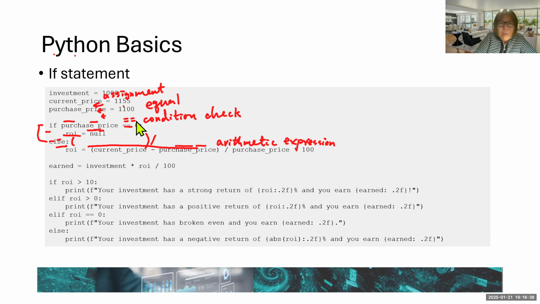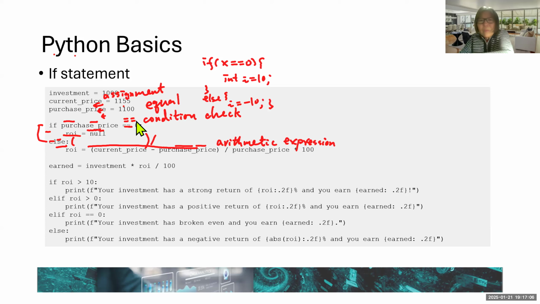And here, be careful about this ROI. This is a variable, but it's a little bit different. In some other programming languages, like Java or C#, if x equals 0, and then you declare integer i equals 10, else i equals -10, this will be a problem, so that's wrong.